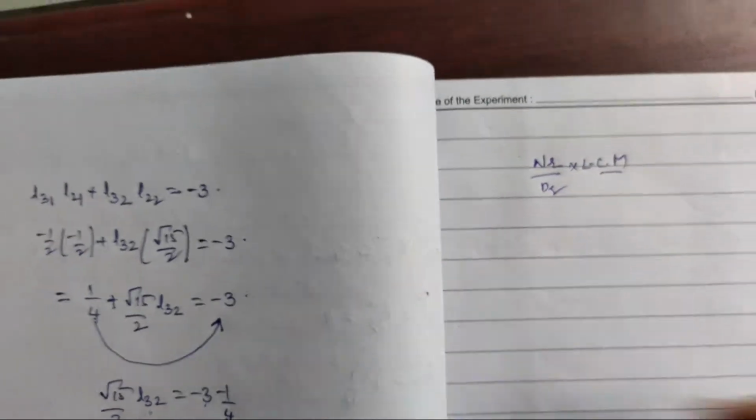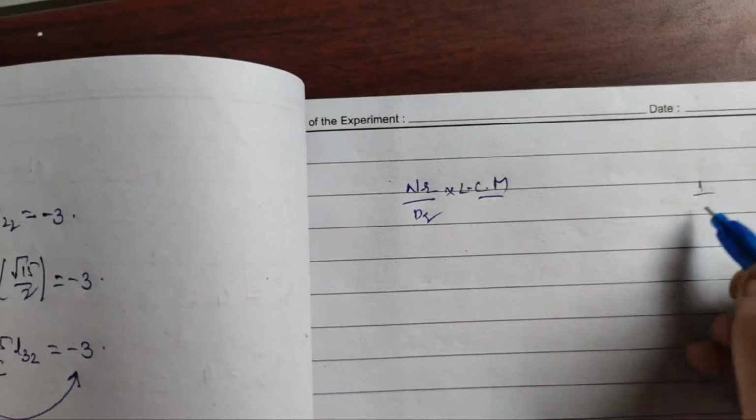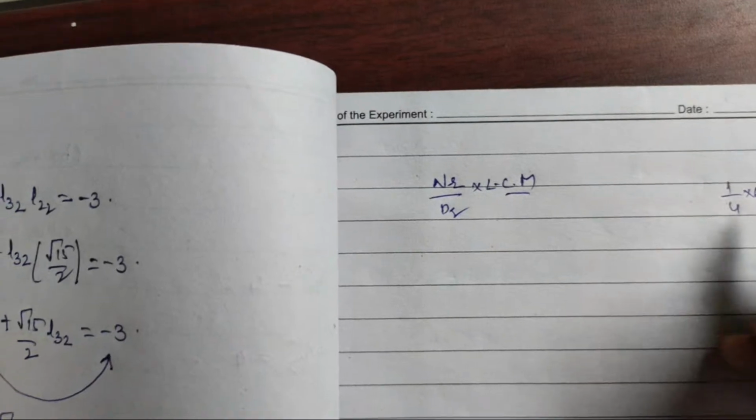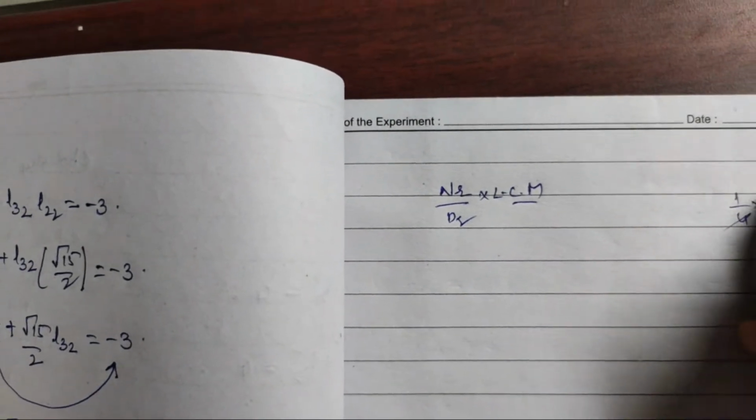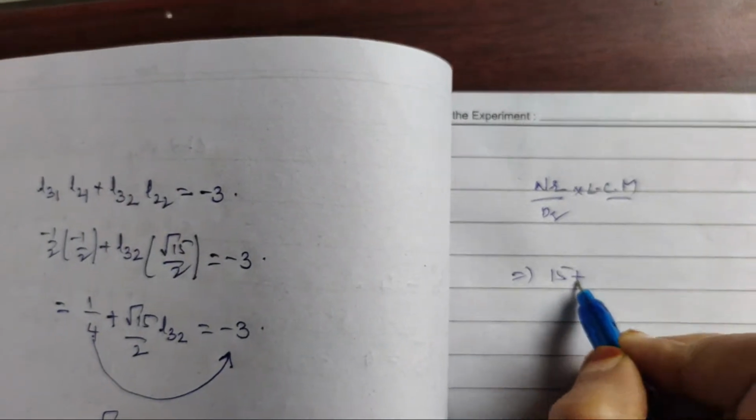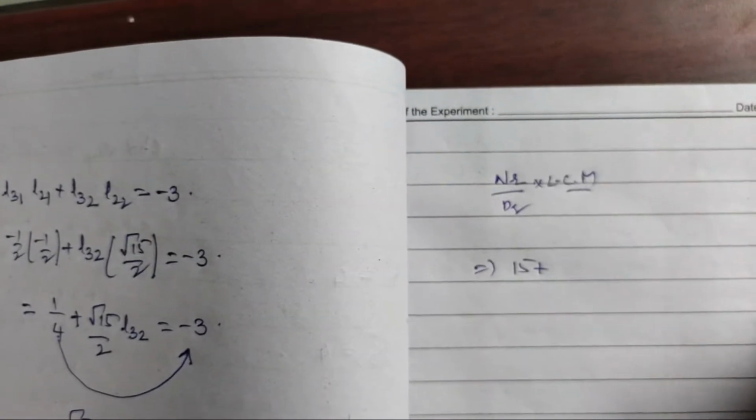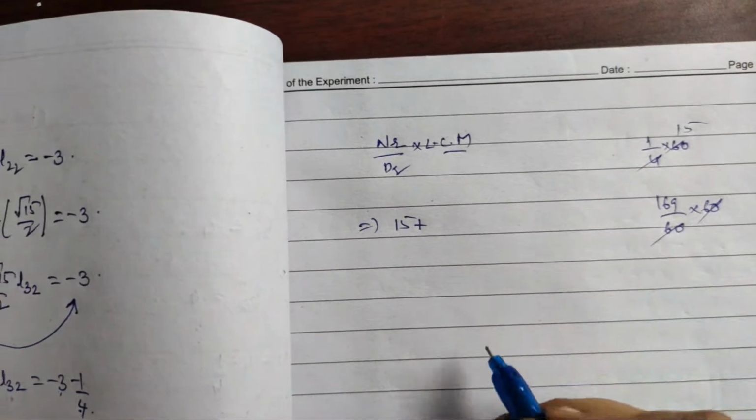So first one, it is 1 by 4 into 60. So what are you going to get? 4 ones are 4, 4 15s are 60. So this equals 15 plus 169 by 60 into 60. So this 60 and this 60 will get cancelled.